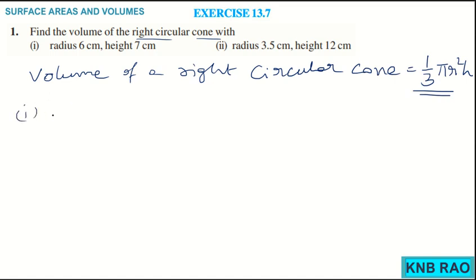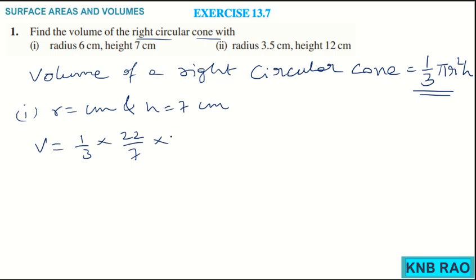So in the first one, radius is given as 6 centimeter and h is given as 7 centimeter. So our volume V will be 1 by 3 into 22 by 7 into 6 into 6 into 7.